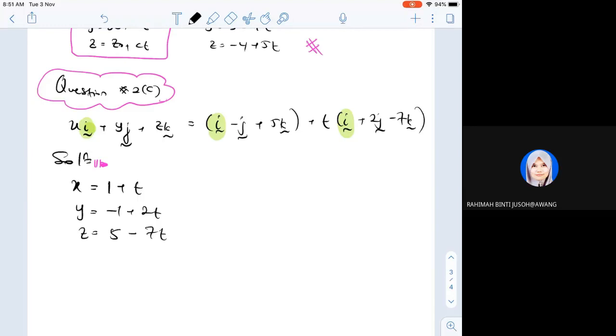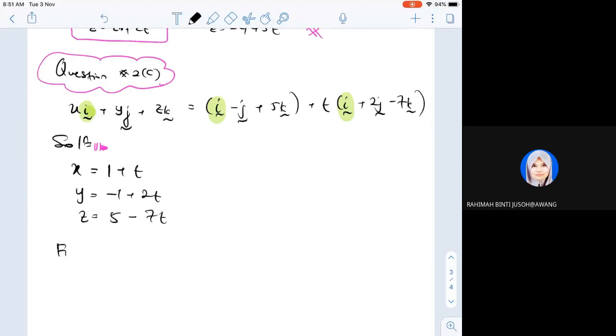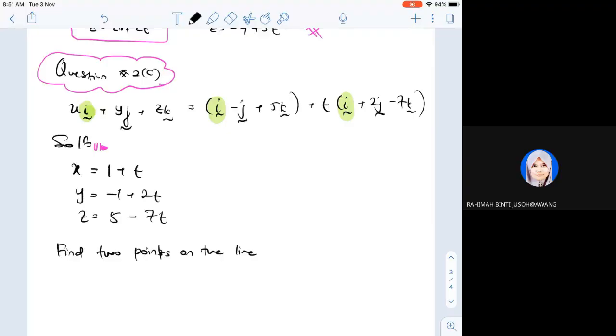Okay, the question asks you to find 2 points on the line. Points are what? Points are coordinates, right? So which means that we need to find the coordinates of x, y, and z. This question asks you to find 2 points on the line.